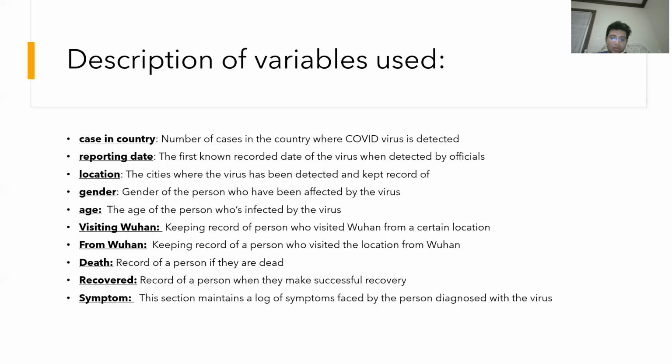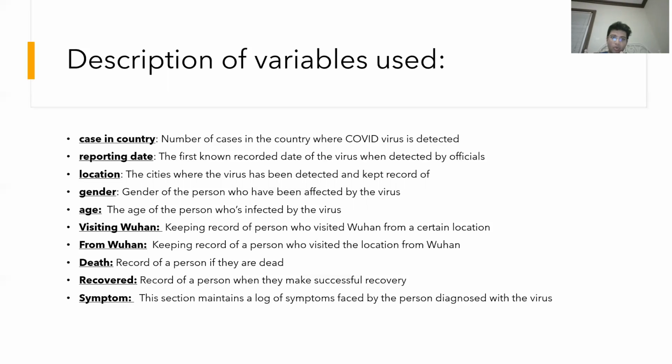Gender is how many males and how many females have been affected by the virus. Age is particularly important as it helps people, not only health professionals but also normal people, understand who is being affected by the virus most.